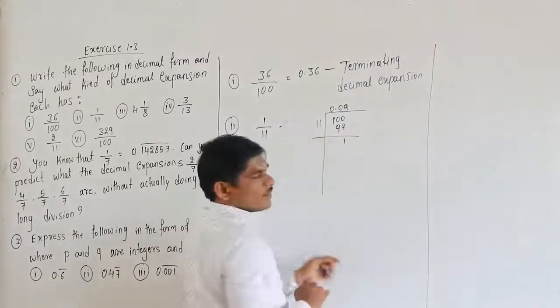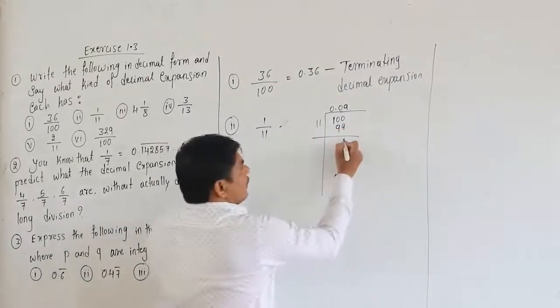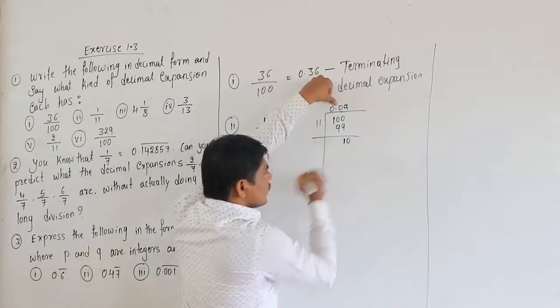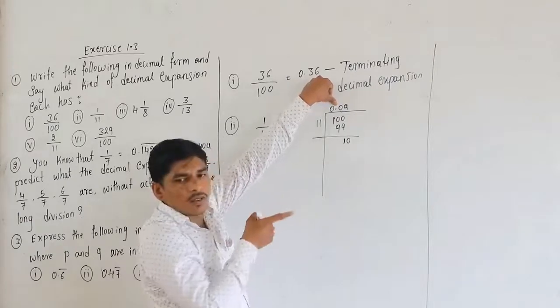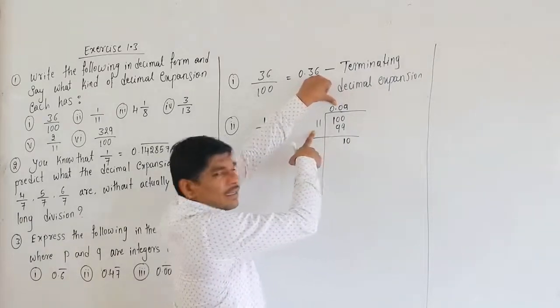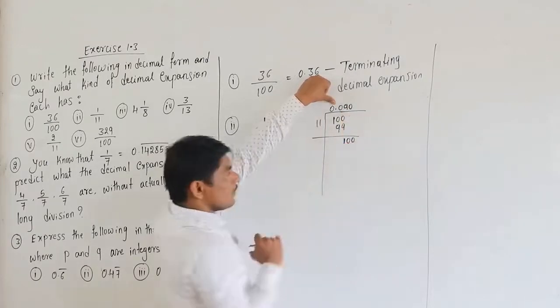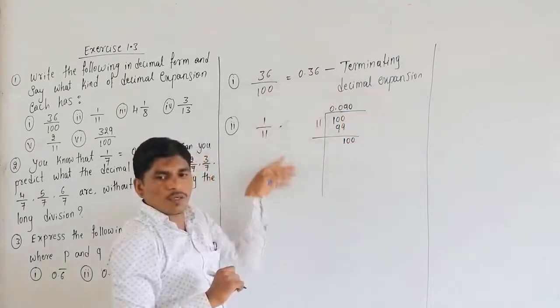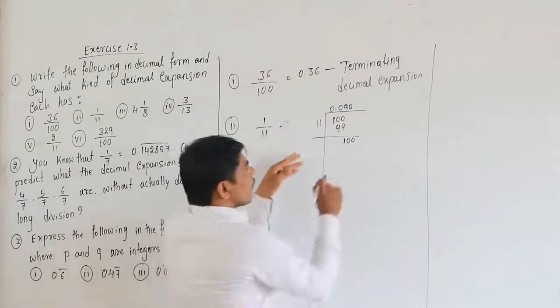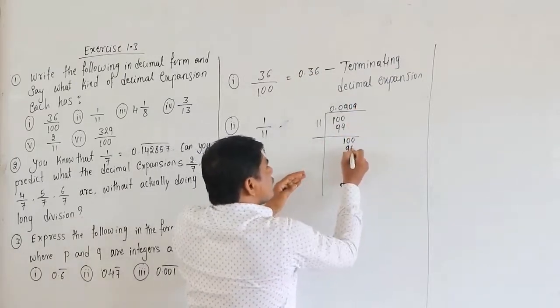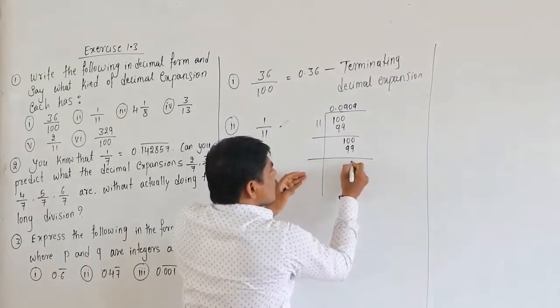This subtraction value is equal to 1. Again, based on the point already considered, you take a 1 and 0. But again 10 is not greater than 11. That's why again you take a 0. This procedure is the long division procedure. You have to follow it. Now again 11 nines are 99. Now this value is also 1.